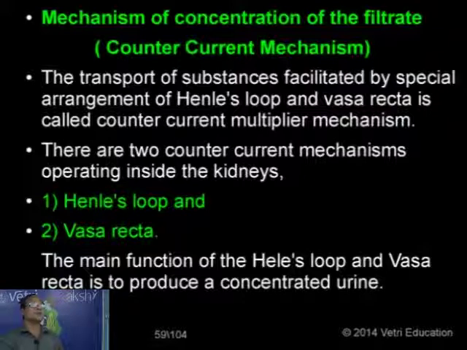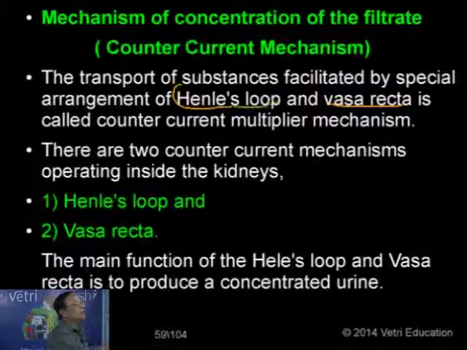These transport of substances are facilitated by a specialized arrangement of two parts of the kidney. One part is the Henle's loop, another part is the vasa recta found in the kidney along with the nephron. I mentioned what I mean by vasa recta, which look like parallel straight blood capillaries. They are parallel with the Henle's loop.